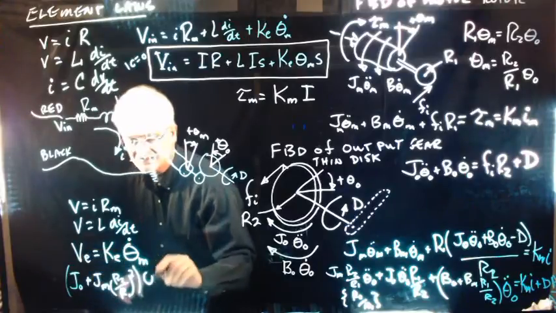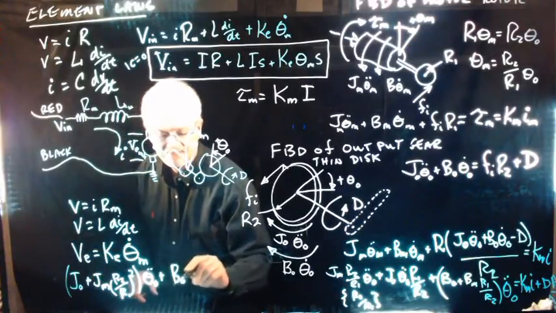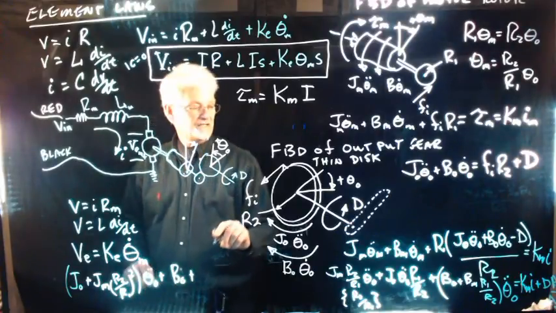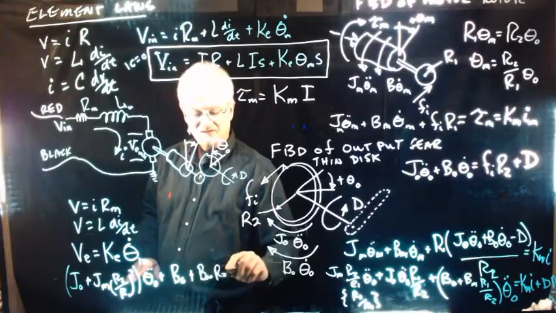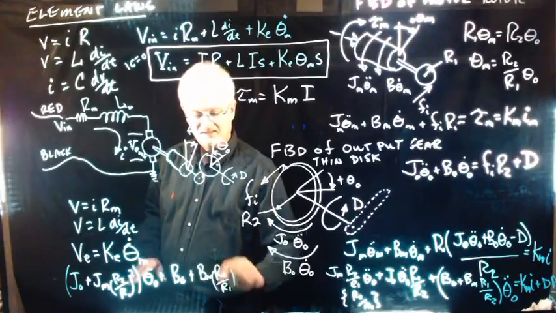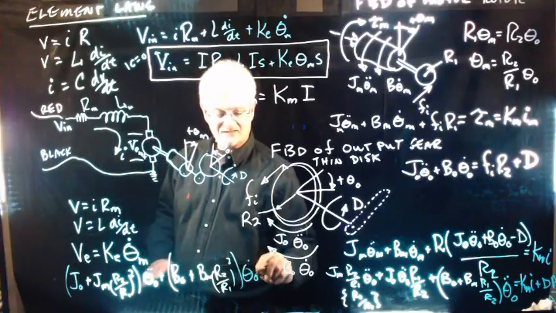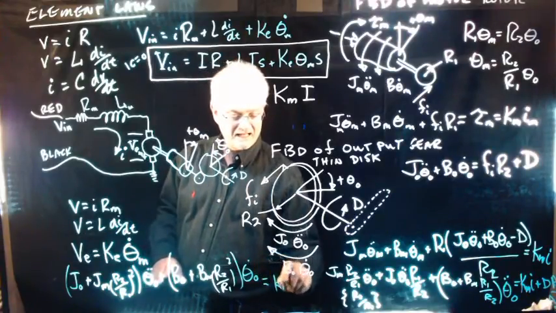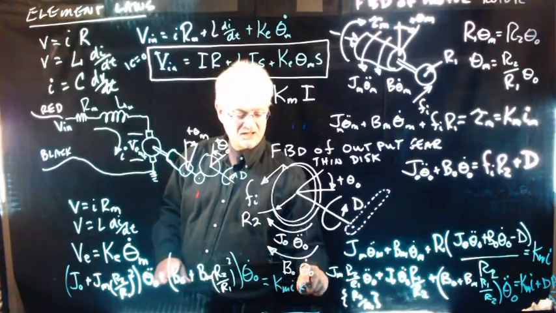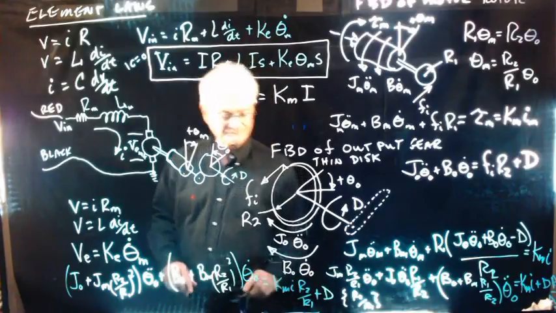That's going to be theta double dot out plus, now I'm going to have B out plus BM R2 over R1 squared, and that whole thing is going to be times theta dot out, and that's going to equal Km I R2 over R1 plus D.